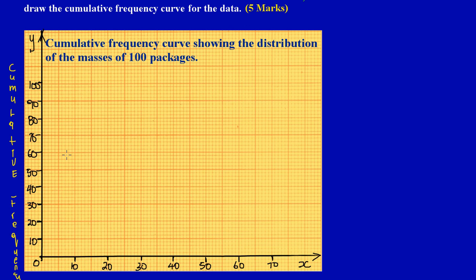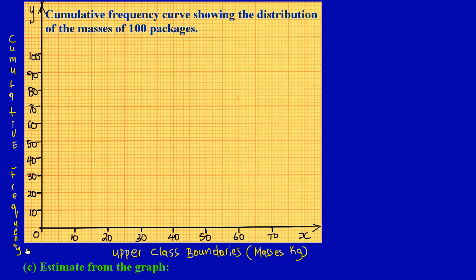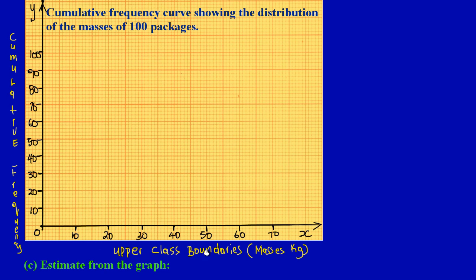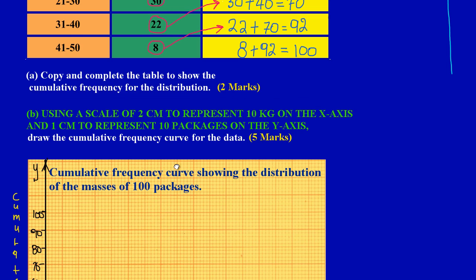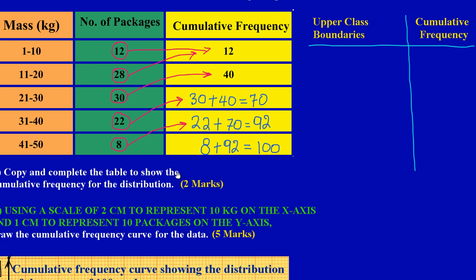I'm plotting cumulative frequency against my upper class boundaries. So down here I must have my upper class boundaries, which represent my masses in kilograms on my x-axis. So quickly we need this information to draw the curve. Let's scroll back up so that we can get this information.